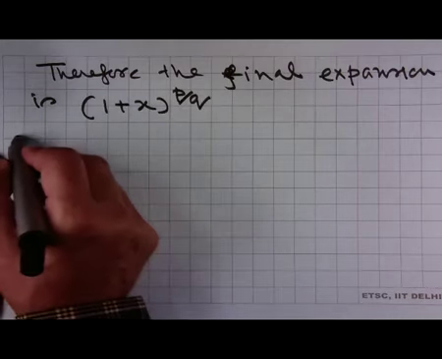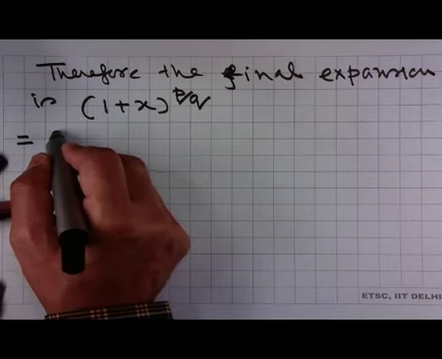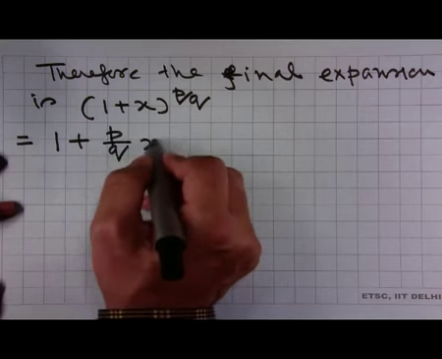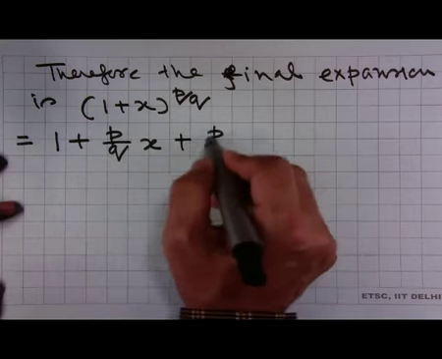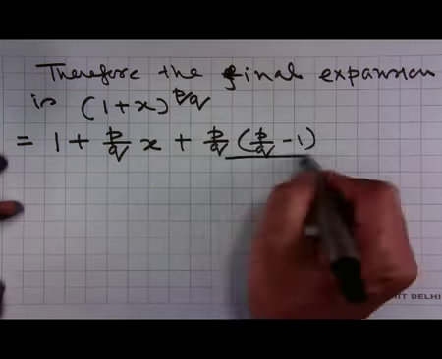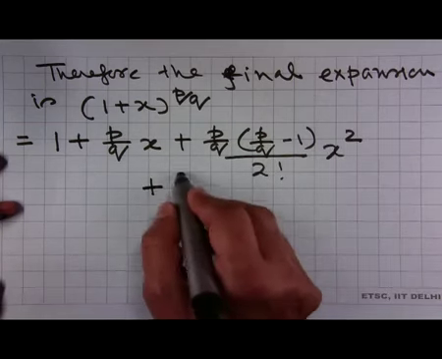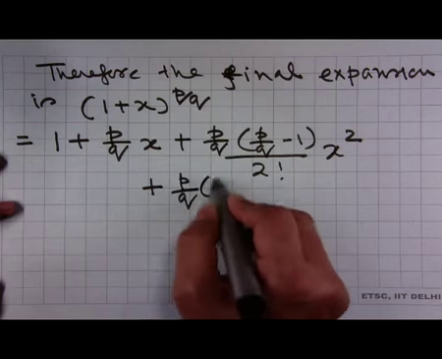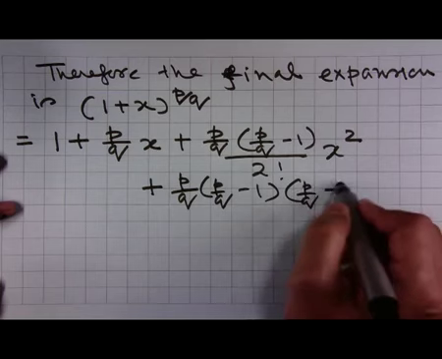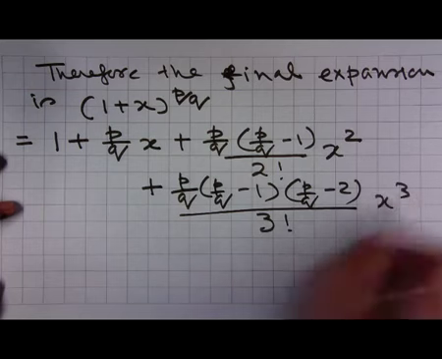We will write in a very similar way as we did with respect to negative integral index. This is equal to 1 plus p by q x plus p by q into p by q minus 1 upon factorial 2 x square plus p by q into p by q minus 1 into p by q minus 2 upon factorial 3 x cube plus.